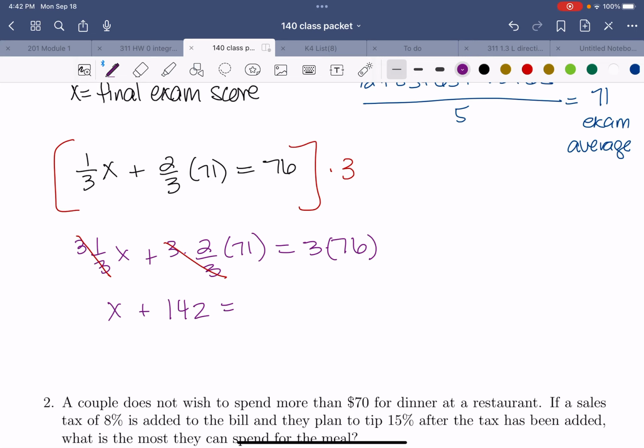And 3 times 76 is, let me find it real quick, 228. And then to solve for our X, we're going to subtract the 142 from both sides.